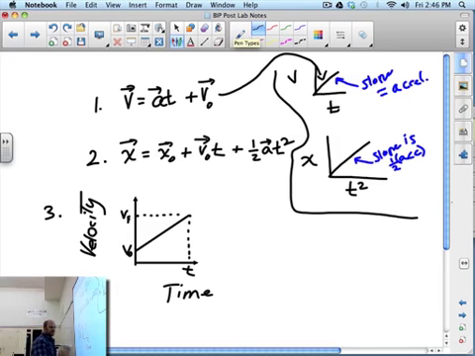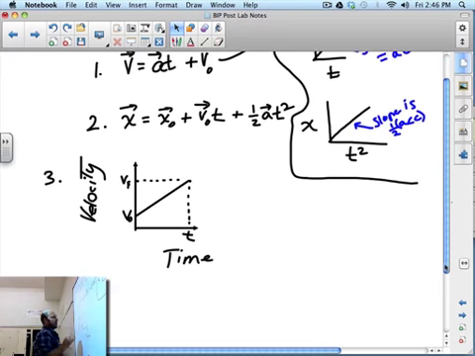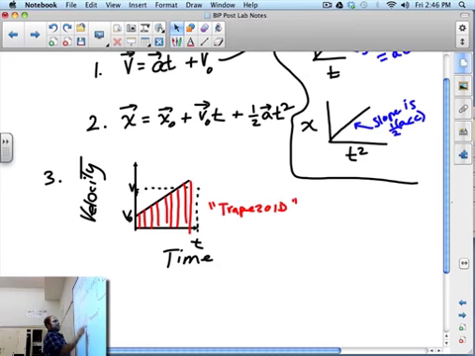Now, instead of finding the area of the rectangle and adding it to the triangle, this is a much better way. Isn't this shape something you know how to take the area of? Isn't that a trapezoid? I think it is. And wow, that was good.